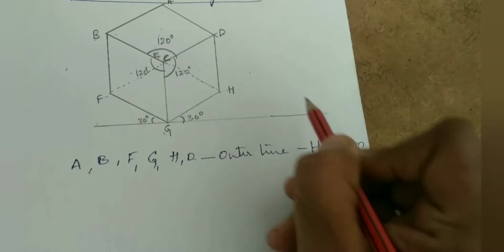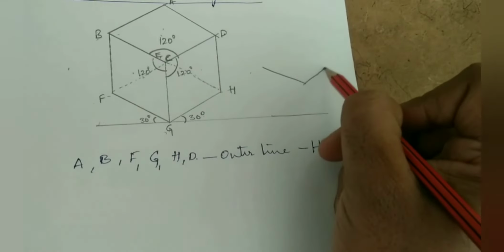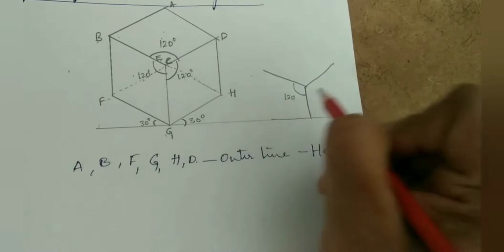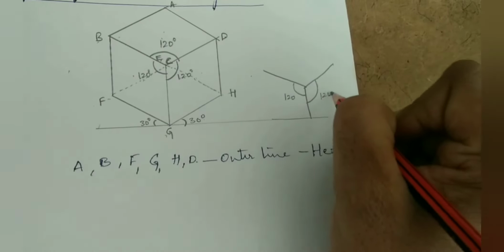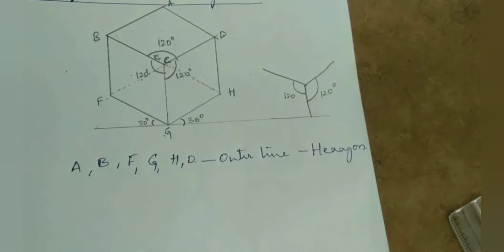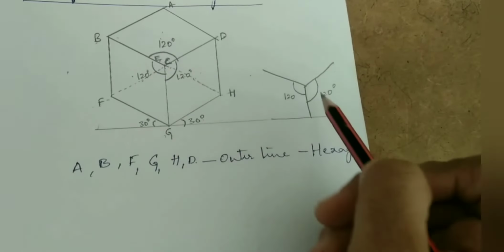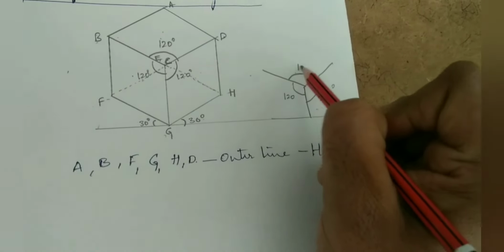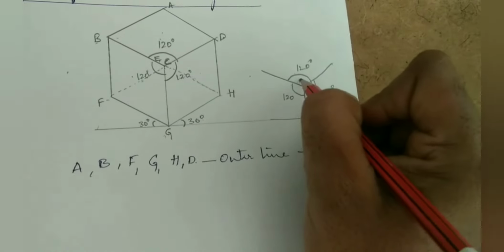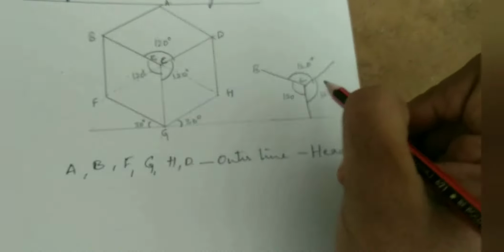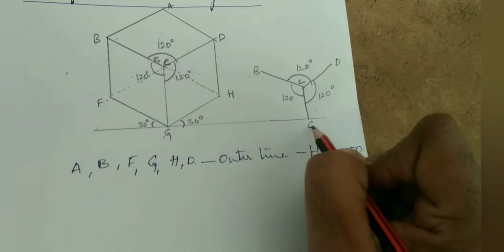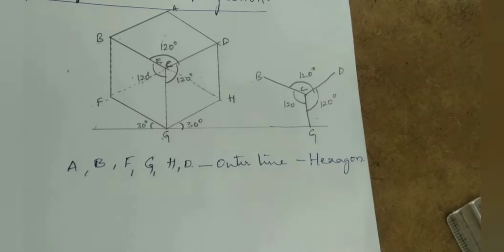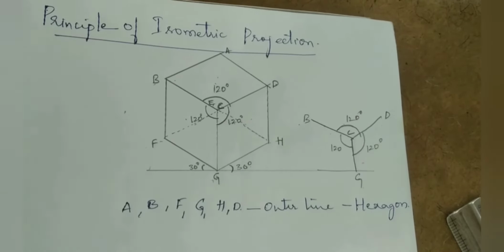This is the axis, which makes an angle of 120 degrees; we are just making a mark. The other lines or edges we draw by making them parallel to these lines. For example, mark this point as C, this point as B, D, and this point as G. These are the terms that we see in the principle of isometric projections.